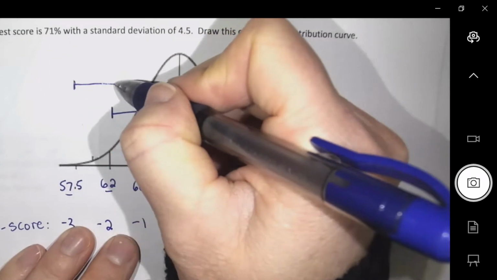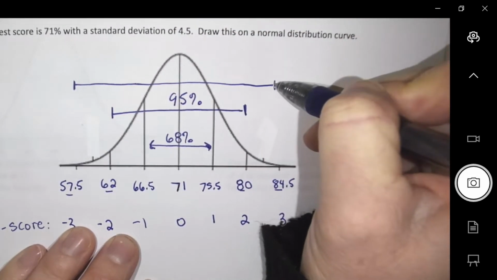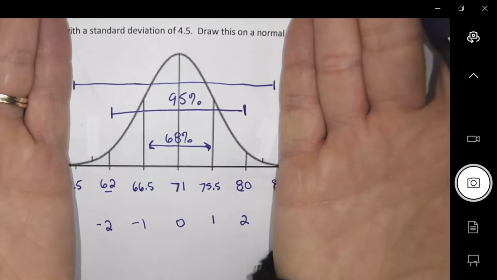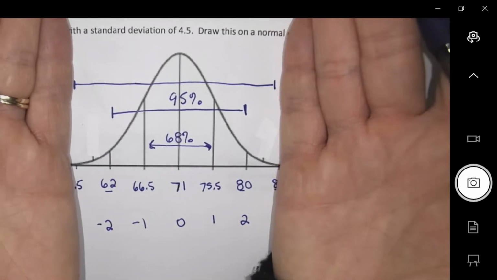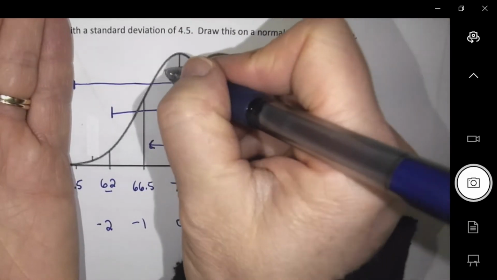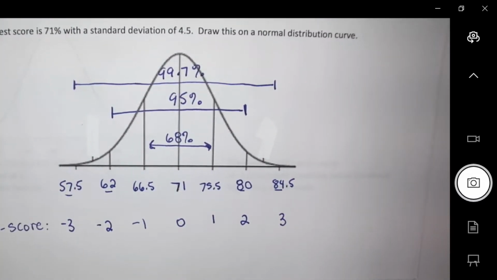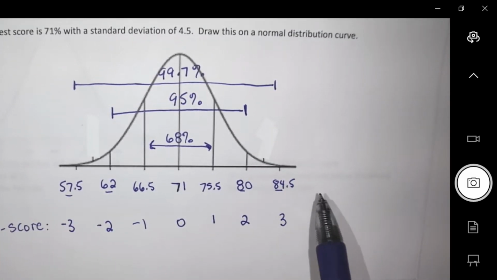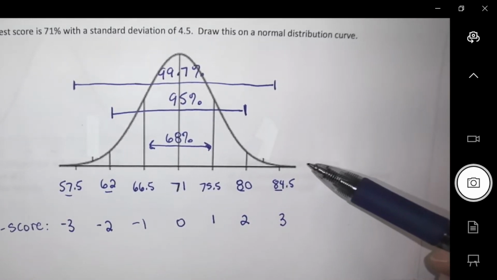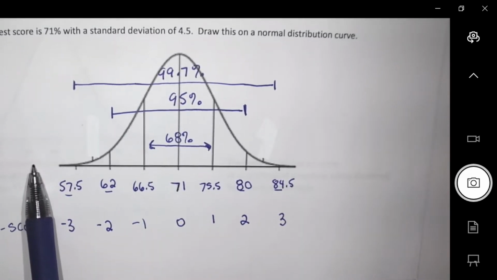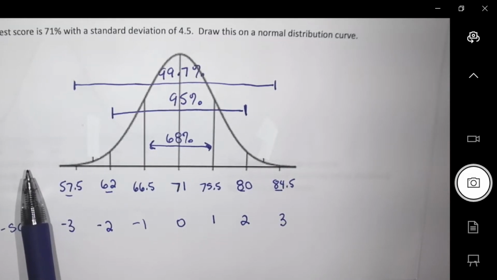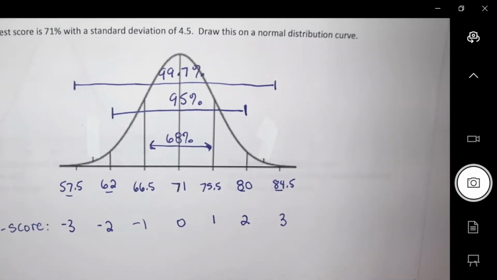And then almost all of your data is going to be under the negative 3 to the 3 mark, 99.7% of your data. So there are a few people on the outsides, somebody who's extremely, extremely high or somebody who's extremely, extremely low. There's a very limited amount of that, but there will be.